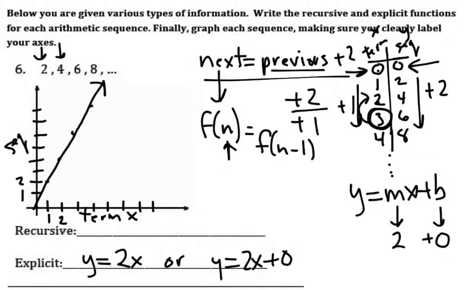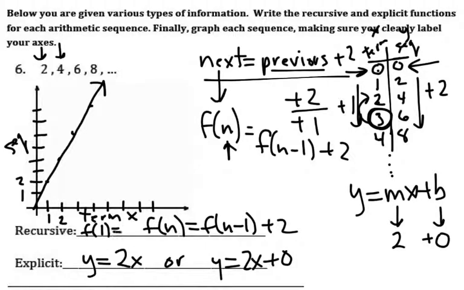It would be 2, which is 3 minus 1, plus 2. So write it, f of n equals f of n minus 1 plus 2. And it's pretty much that same format that we're going to be following. The other thing you have to do with recursive when you're writing it like that is tell us where we started. Well, what was our first term? It was 2. So that's another aspect you have to remember.